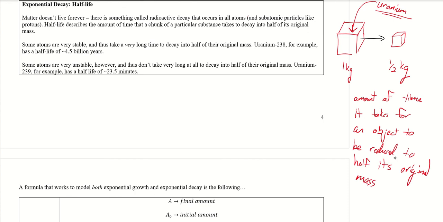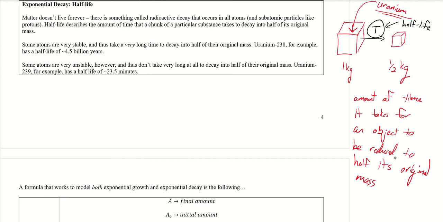So how long did this take? Some time, we could call it big T, right? It's a very important amount of time, so we're going to give it a capital letter, big T. This would be the amount of time it takes for this block of uranium to be reduced to half of its original mass. We would call this amount of time the half-life. How long does it take for it to be reduced to half?